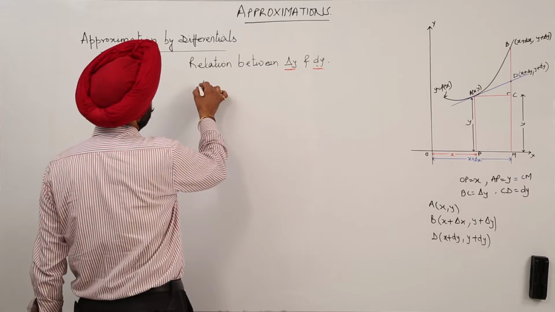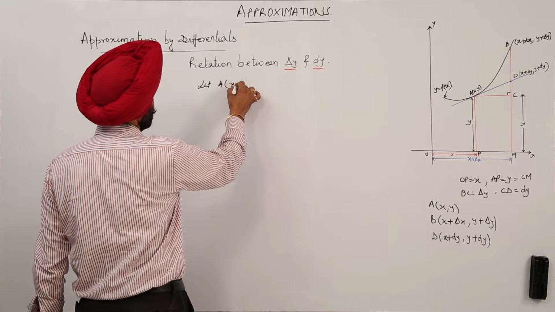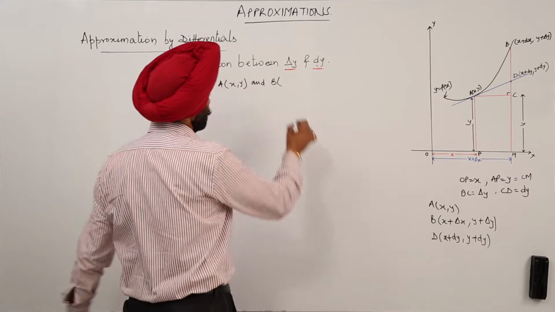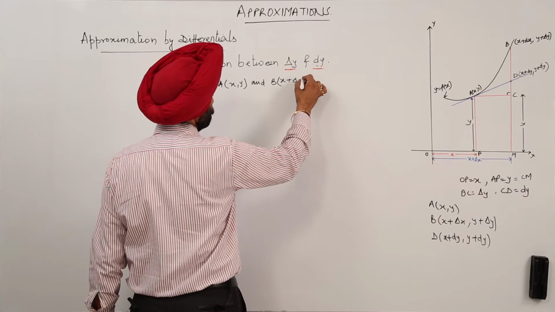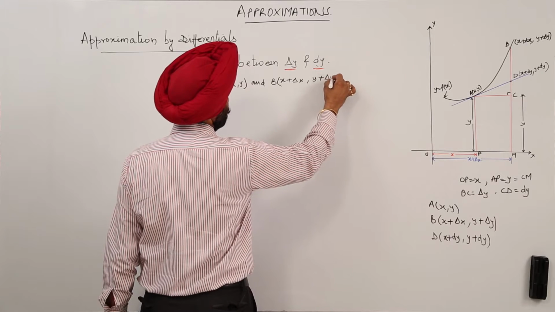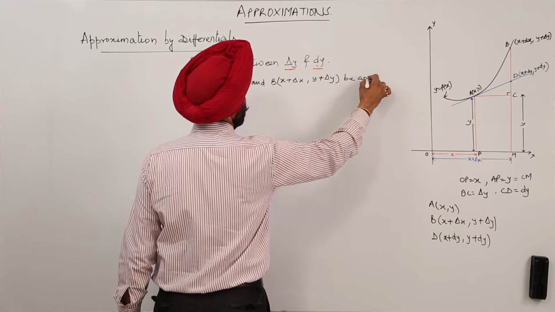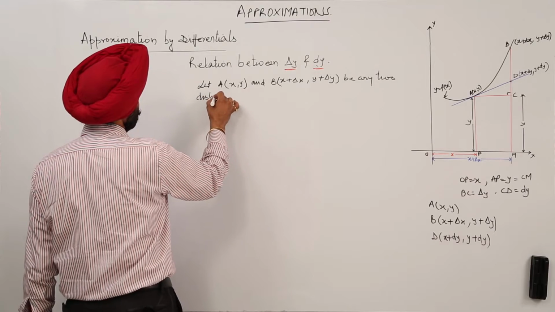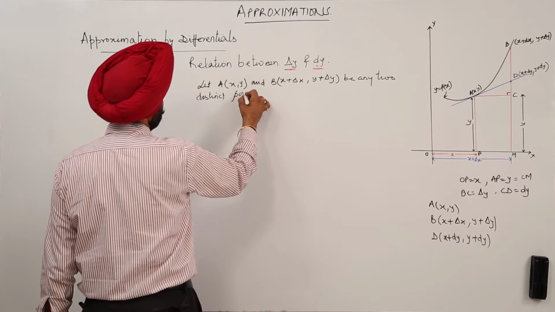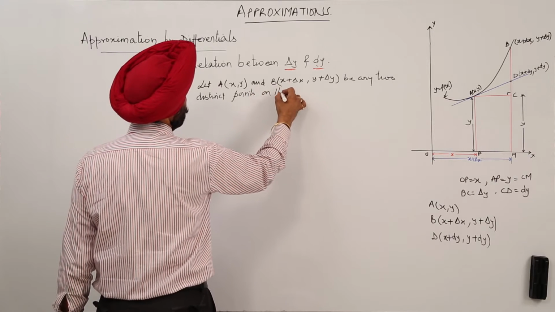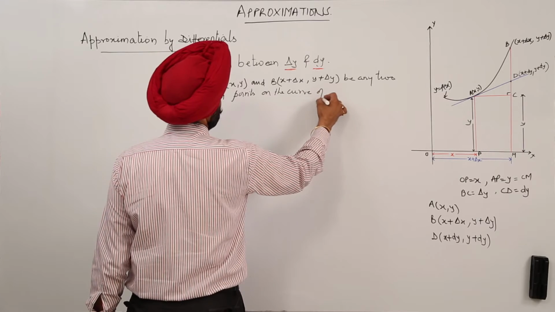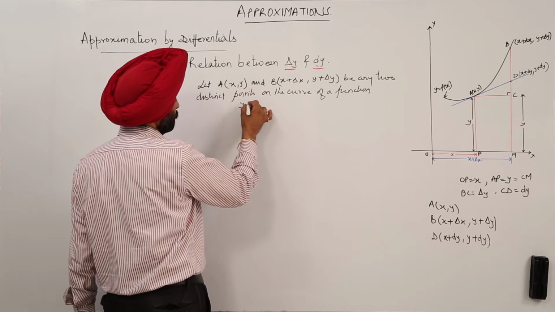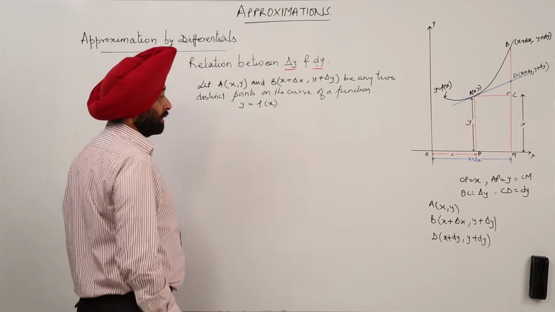Now let A (x, y) and B, the coordinates of B are (x plus delta x, y plus delta y), be any two distinct points on the curve of a function, and the function is y is equal to f(x).